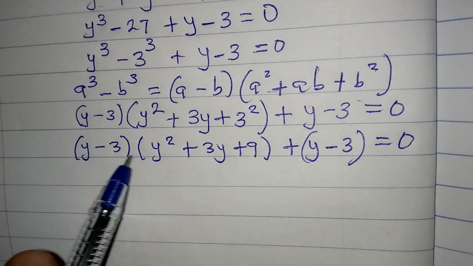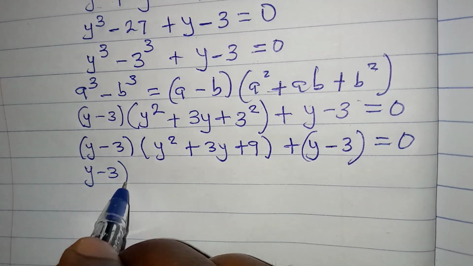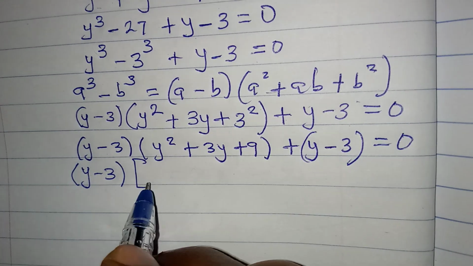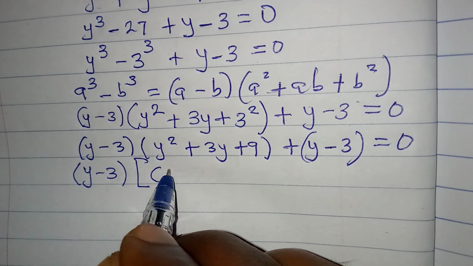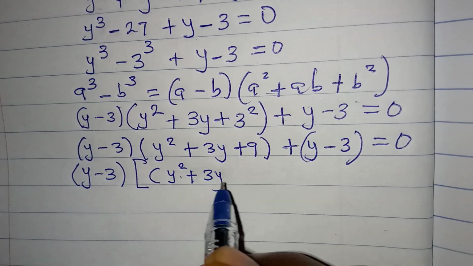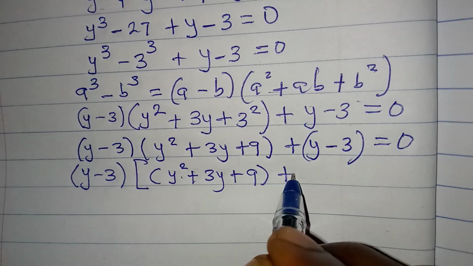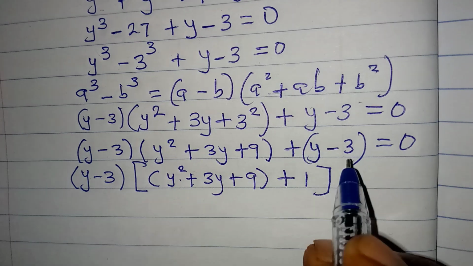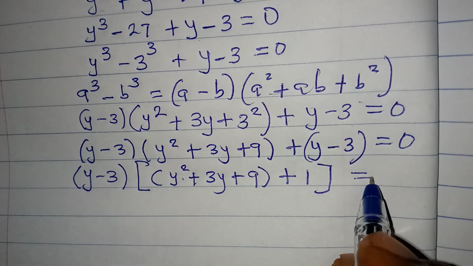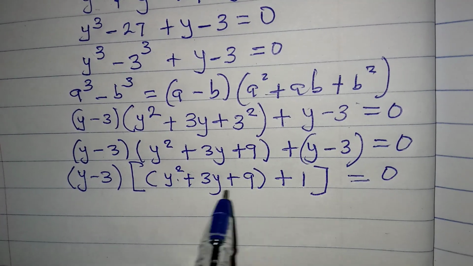Now we have the same thing here. We can factor out y minus 3 as a common factor. Then here I'm going to have y squared plus 3y plus 9, then plus 1, because y minus 3 has come out and 1 will be left over, which will be equal to 0. Now let me open the bracket.